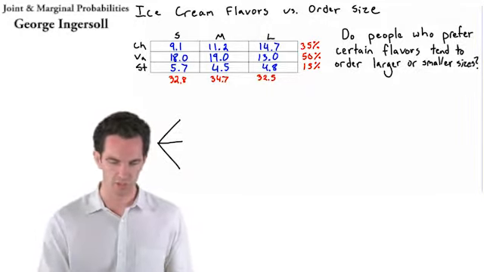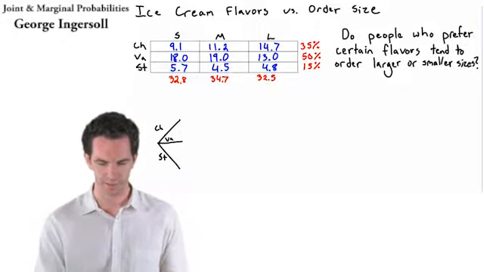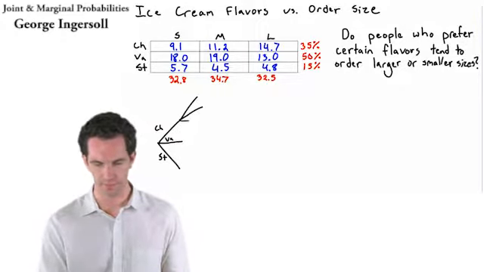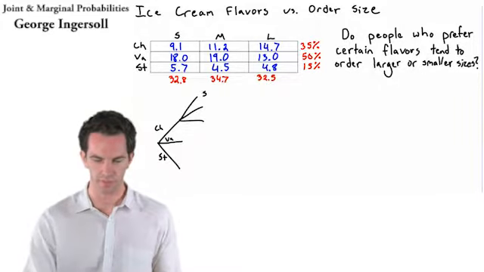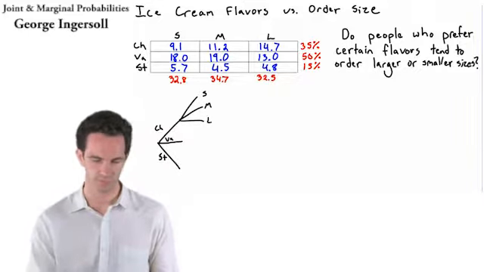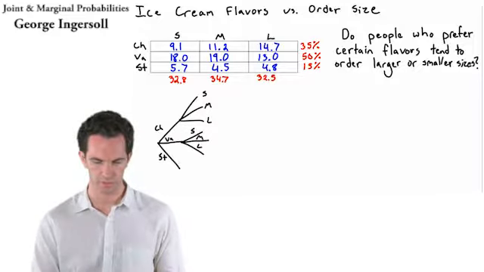We've got chocolate, vanilla, and strawberry. It's going to get dicey. And then we've got small, medium, large, small, medium, and large.